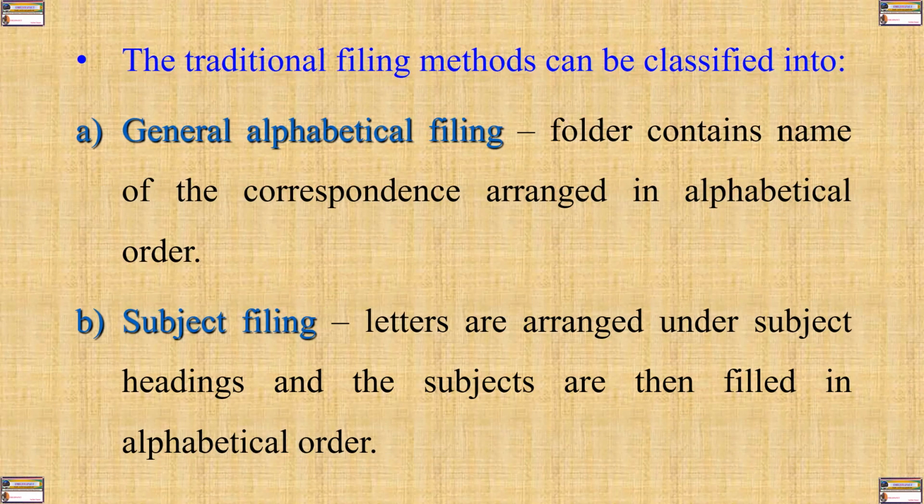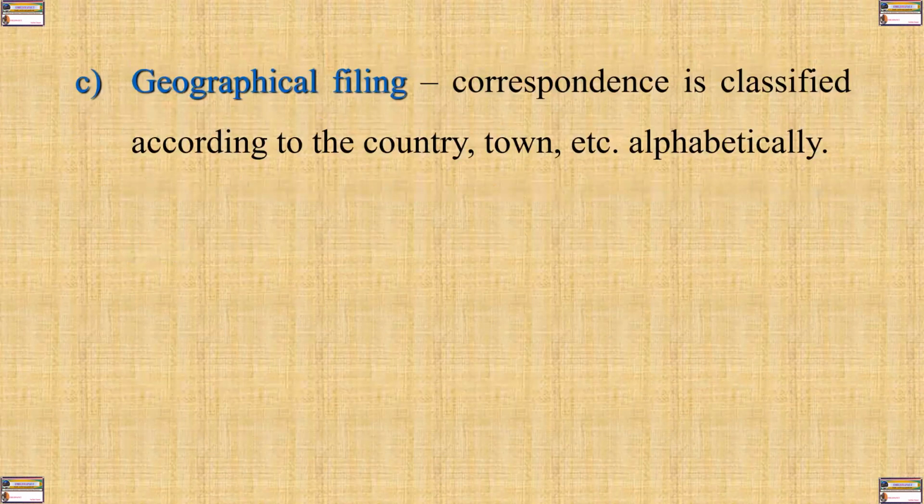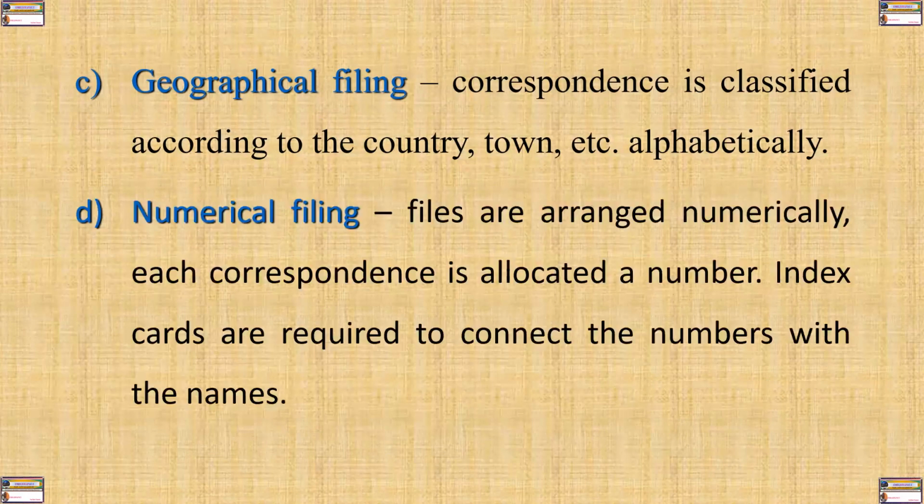In subject filing, letters are arranged under subject headings, and the subjects are then filed in alphabetical order. The third one is geographical filing. In geographical filing, correspondence is classified according to the country, town, amongst others, alphabetically.